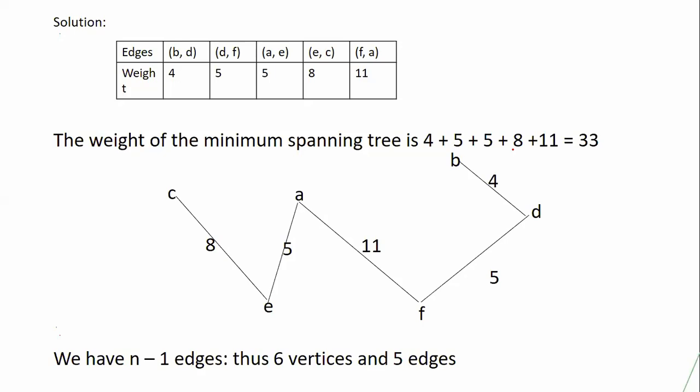Breaking a tie means where 2 or more edges have the same weight. When the tie comes in, then you may get a different shape. I hope you are getting my point. But if there's no tie, then you get the same shape and the same amount.